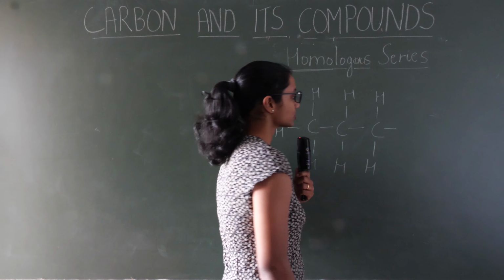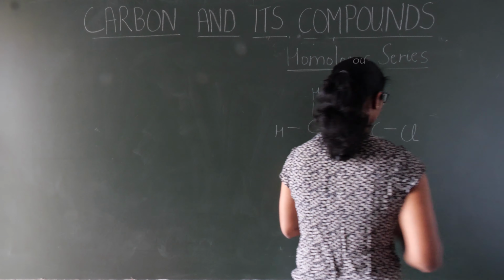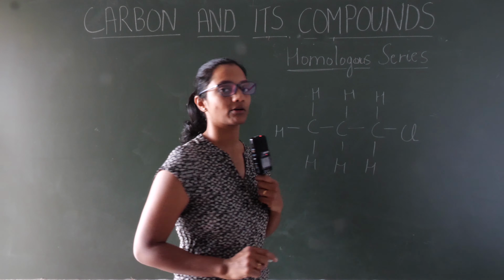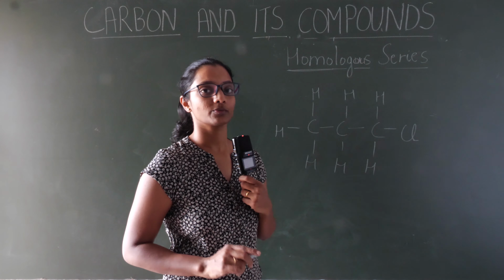Suppose it links up with chlorine, then the properties of this compound will completely depend on this functional group chlorine. Irrespective of the size of the compound, it may be a small compound, it may be ethane, for example, 2 carbon atoms attached with a functional group.